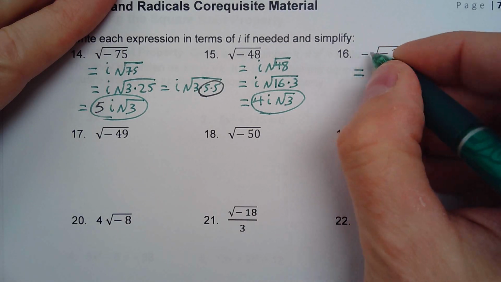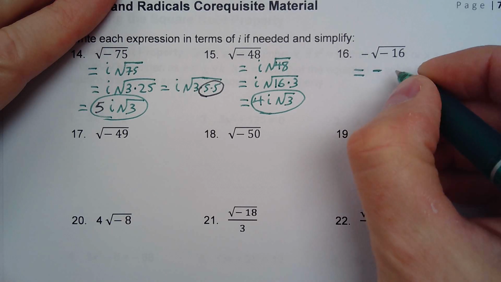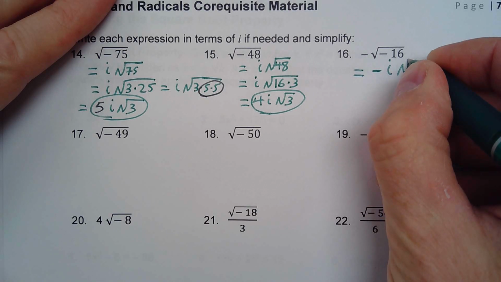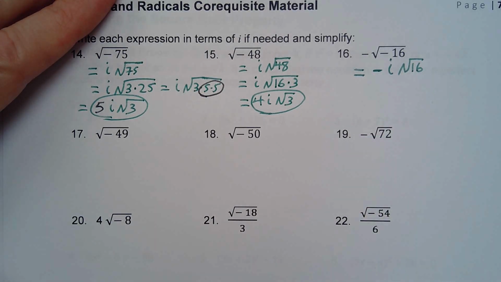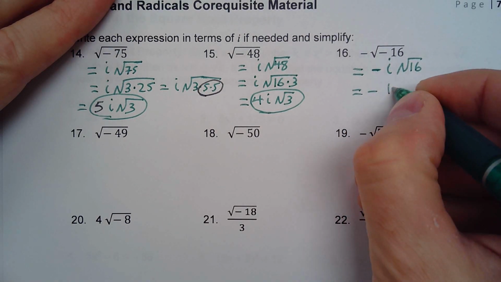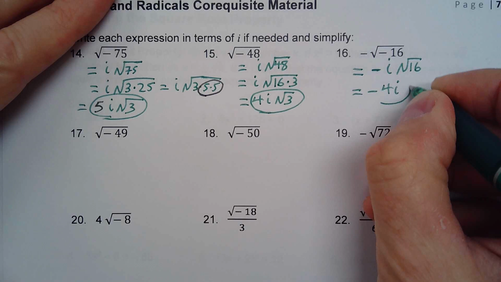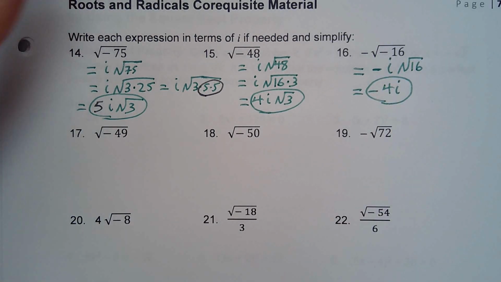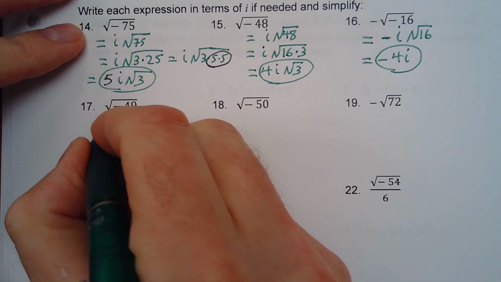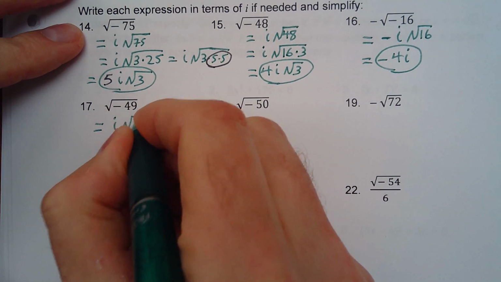Alright, so this is negative. This negative is outside, so that stays outside. I'm using the i to replace this. And then square root of 16 is 4, so that's a negative 4i. So this would be i times the square root of 49.